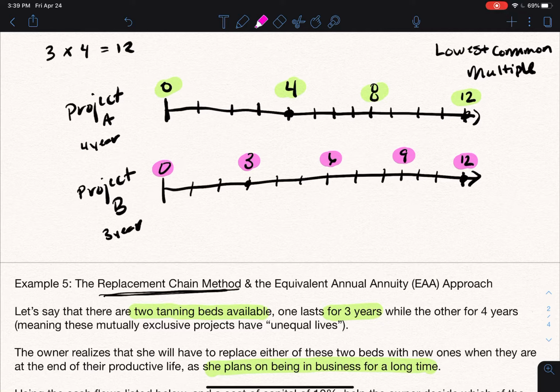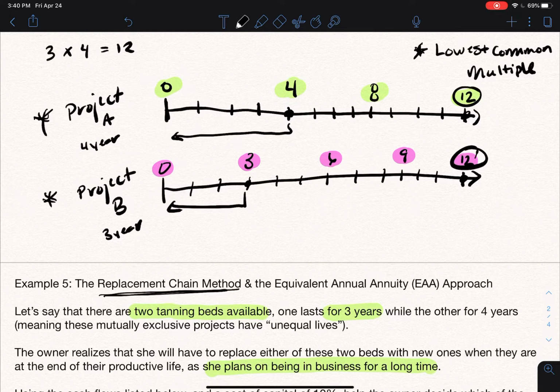If we discount just what we know to begin with back to time 0, that's not exactly fair, is it? And so the question becomes, how can we make it fair? How can we make it to where we know that both projects are on an even keel? Well, we have to look forward to the future for the lowest common multiple that tells us when both of them are going to be replaced at the same point in time, and that is at year 12.